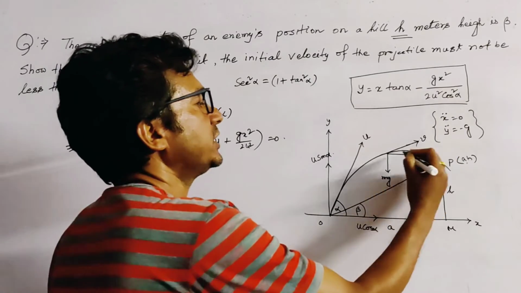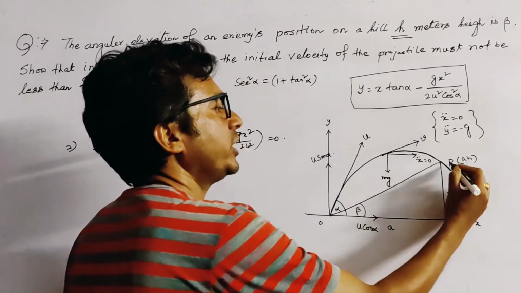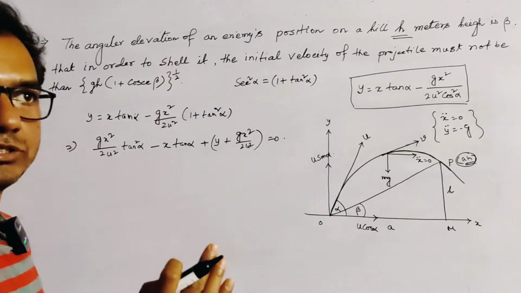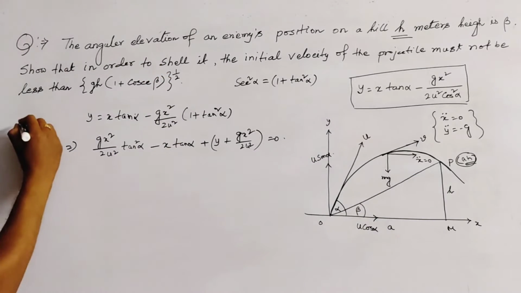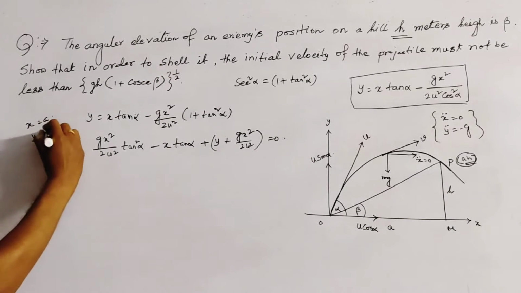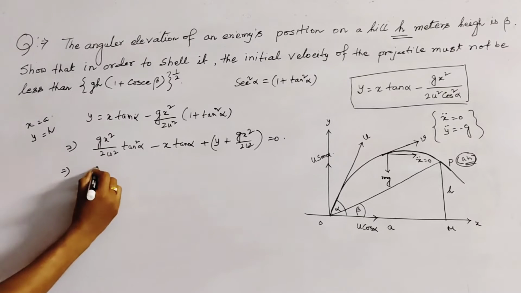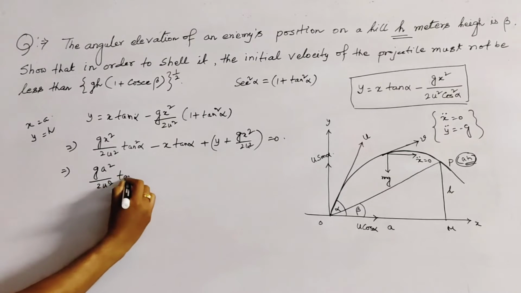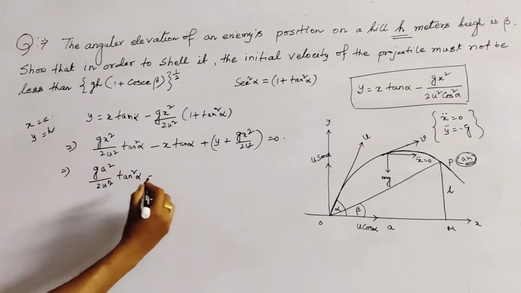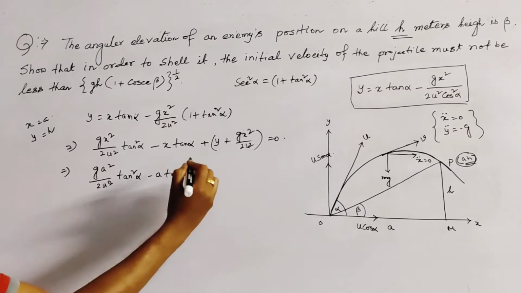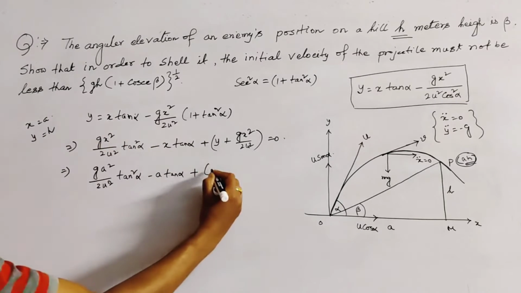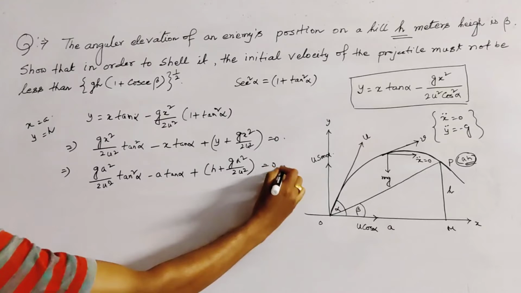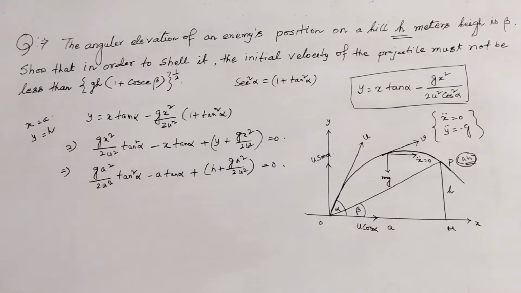Now this path of the projectile passes through the point P, so it must pass through the point (a, h). We put x equal to a and y equal to h, and we get g a square by 2u square into tan square alpha minus a tan alpha plus h plus g a square by 2u square equals 0.